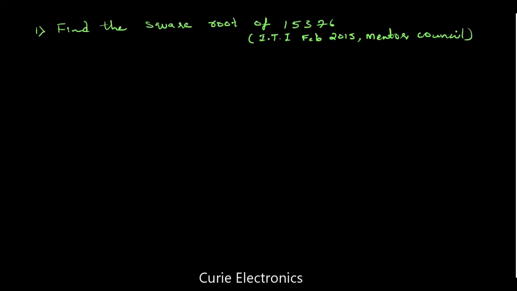Now let's move to some previous year questions. These questions are simple. Find the square root of 15376. We can start dividing by 2. We get 7688.